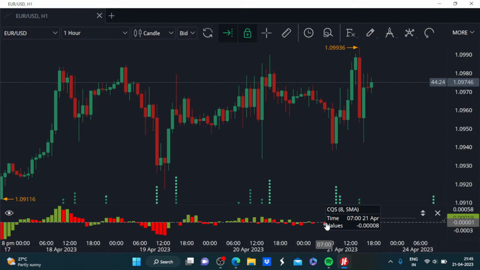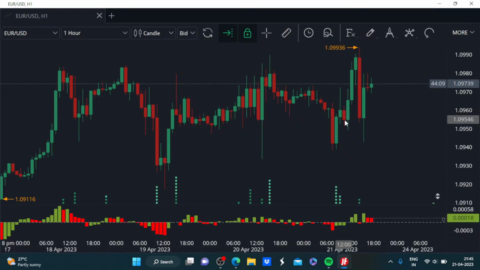If you were to go short after this crossover happened, you would have made quite a good amount of money, and then as the price dynamic changed, we also saw the CQS output eventually, around the start of the US session, turning from negative to positive.